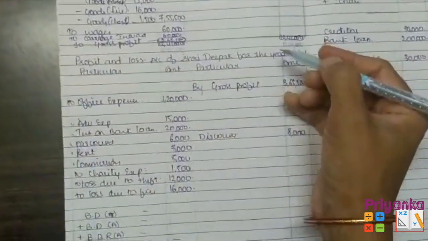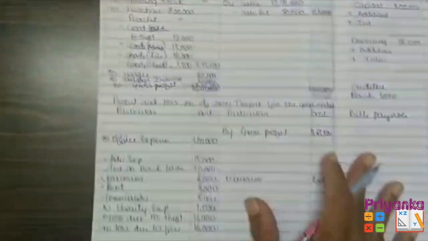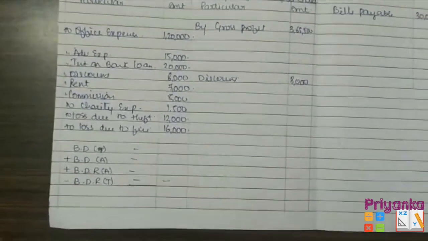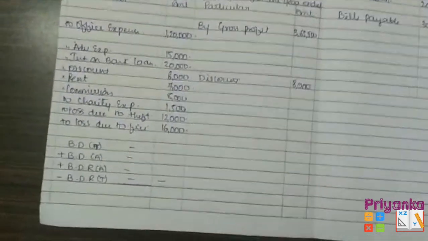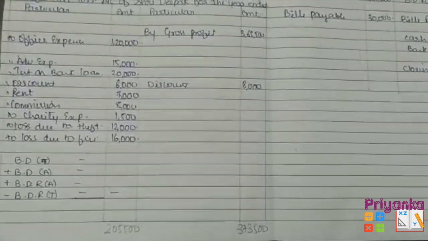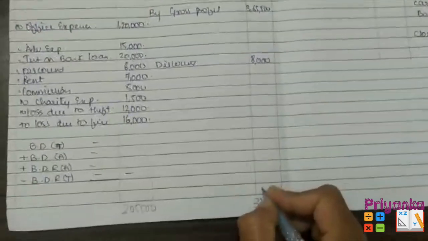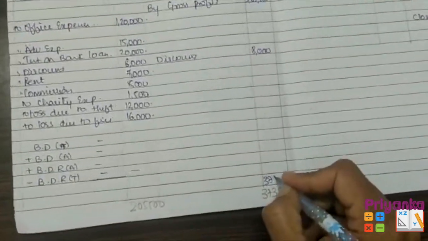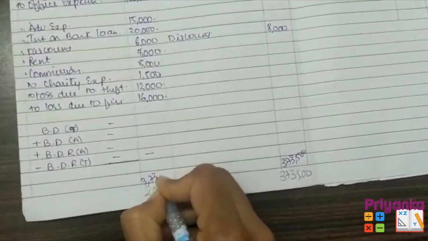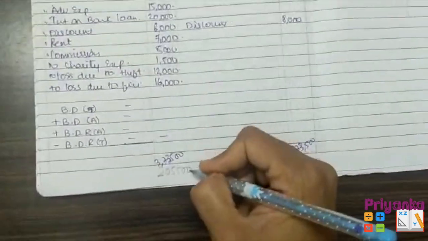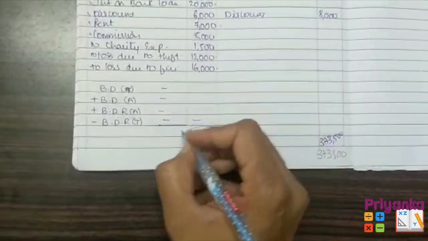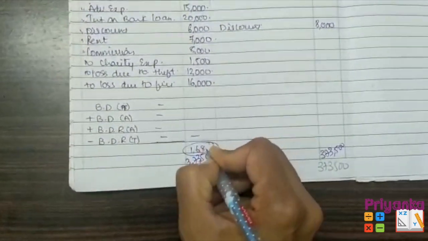Okay, now I'll make a total of the profit and loss account. Here I found the total of debit and credit of the profit and loss account. This one is more, so write down 3,73,500 on both sides, and subtract 2,05,500, and I found the difference over here with the amount 1,68,000.